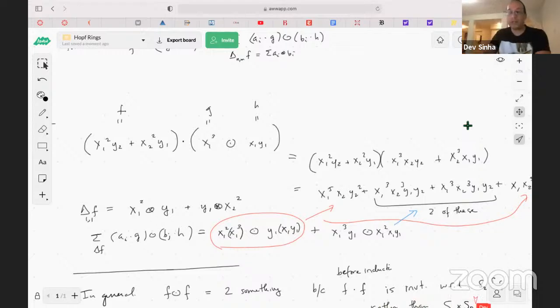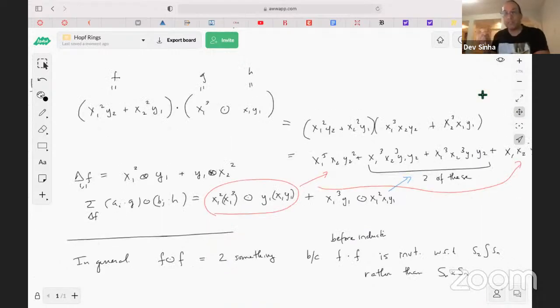The wreath product switches the two factors as well, whereas Sn cross Sn preserves those blocks.